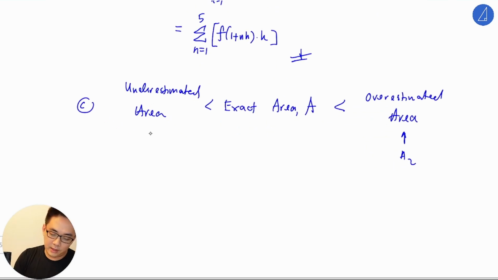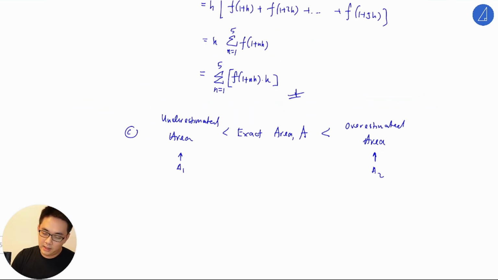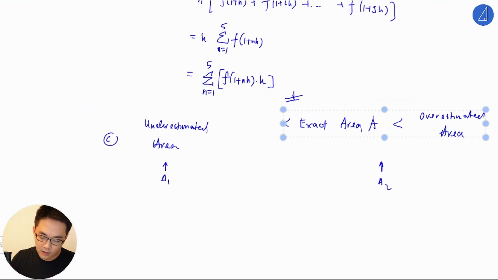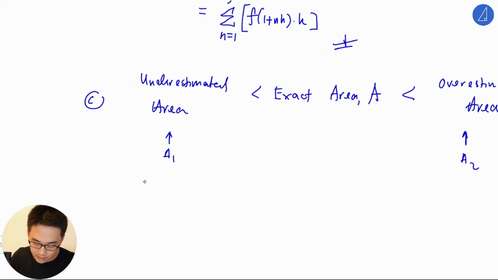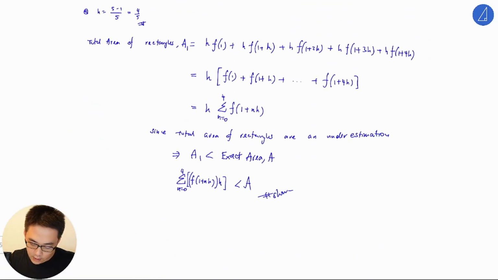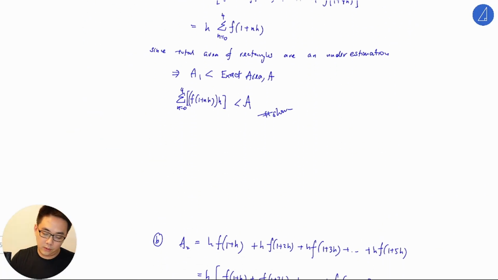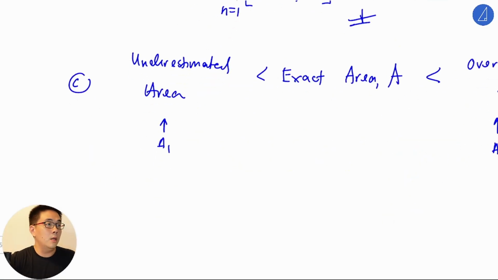So I label it as A1. In this case here, I will have h equals to, this will be 4, sorry, 5. This is 4, right? 4, 0 to, let me just put this up top.